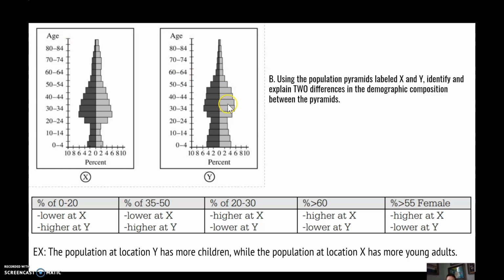More kids out in the suburbs because once you're ready to start a family, you probably want more room, you move out there, it's cheaper, your kids can spread out, you can have more space, so it makes sense that there would be more children in the suburban area of community Y, and there would be more young adults who want to live in the city close to all the fun stuff over here in community X.